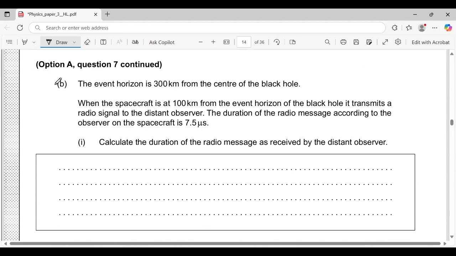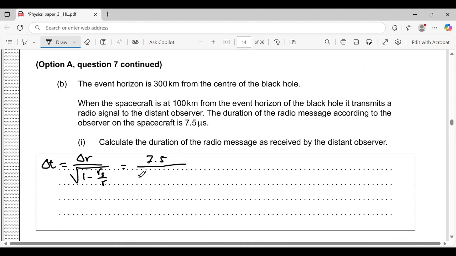In this case, this is gravitational time dilation near a Schwarzschild black hole. So I will use the formula delta T equals delta t over the square root of 1 minus Rs over R. This is 7.5 microseconds.